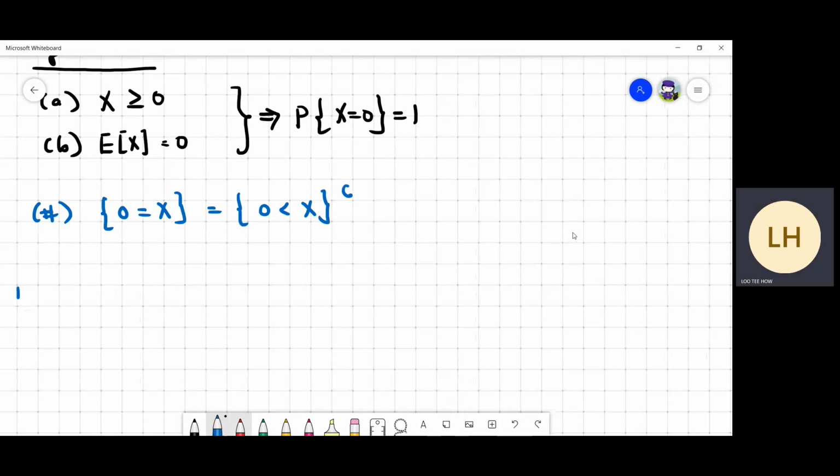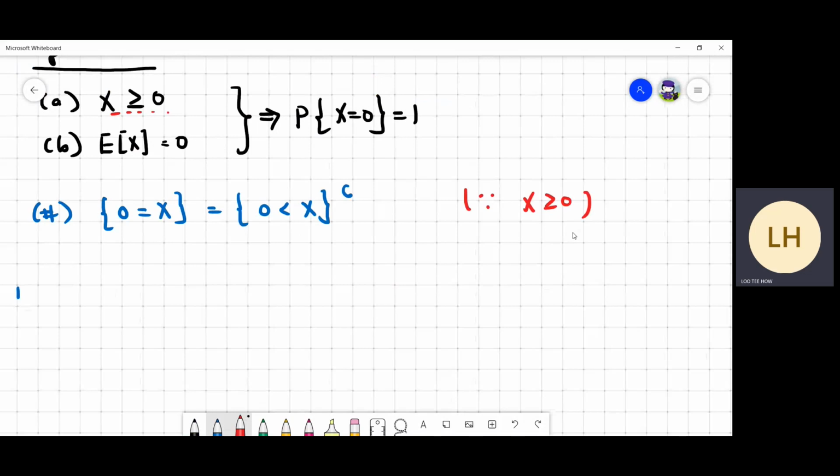This is true because x is always greater or equal to 0, so we don't have to consider the value of x being negative. Okay, so this is the first observation that we can have.